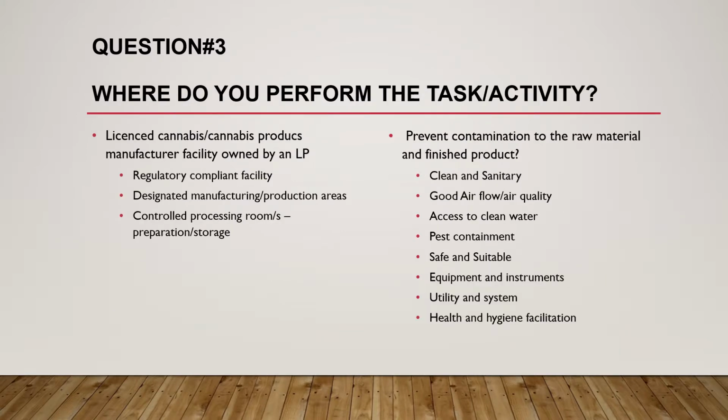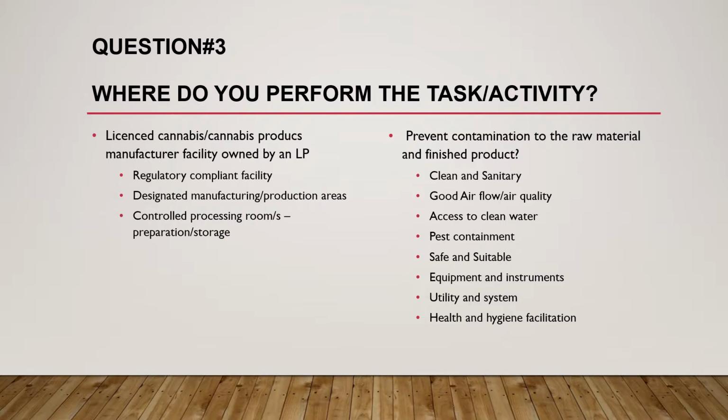So we move on to question number 3, which is, where do you perform the task or activity? A licensed cannabis product manufacturer facility owned by an LP is where you will perform the task or activity. You cannot produce or make cannabis or cannabis products in a residence.